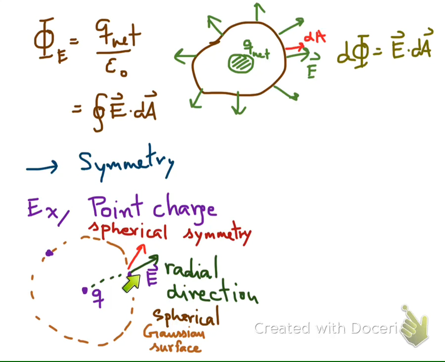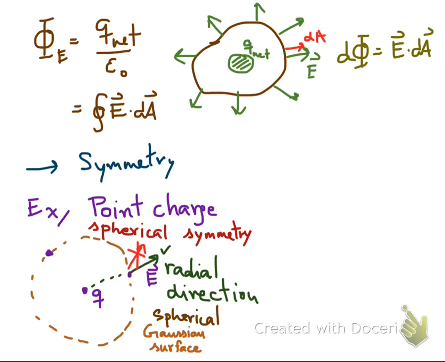So the most reasonable choice is that the electric field should point outward in the radial direction, because then, when you look at the electric field from all directions, you will see the same thing. So we do not expect this, but we expect this.